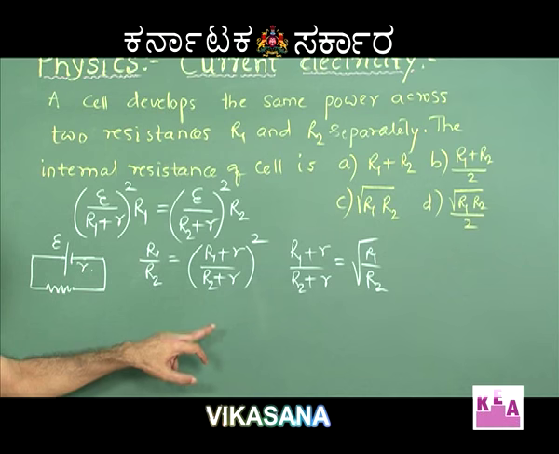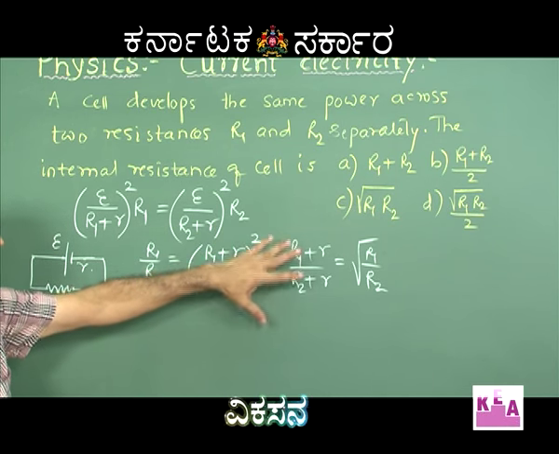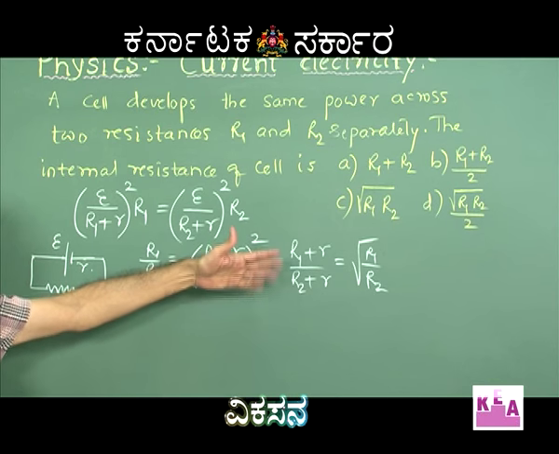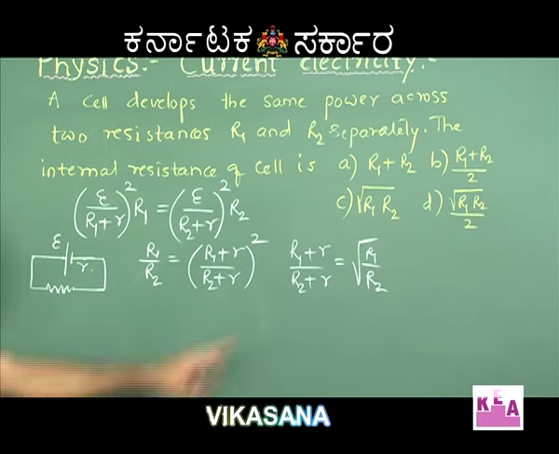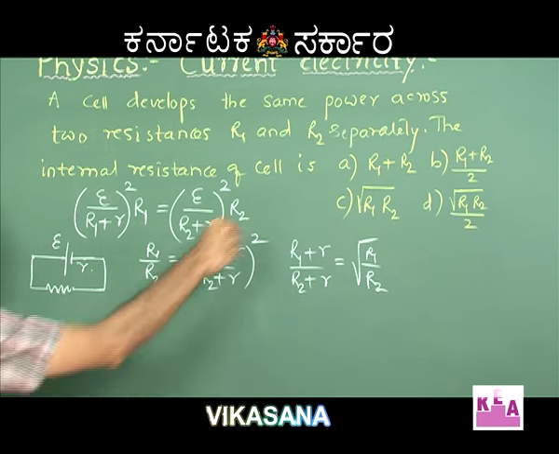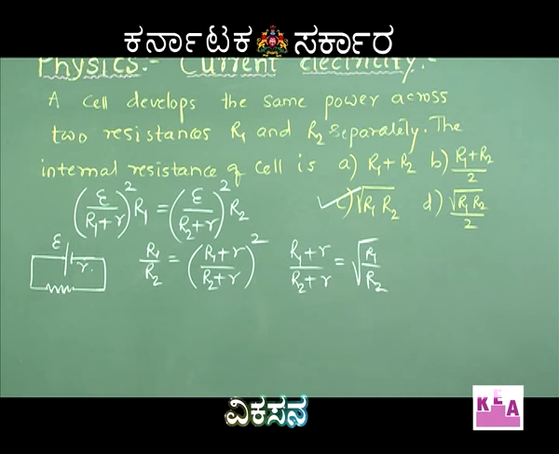I have taken the square root on both sides. Now you cross multiply, or simplify using componendo dividendo, and if you solve this, you are going to get the value of small r as root R1 R2. So, that makes your option C perfectly correct.